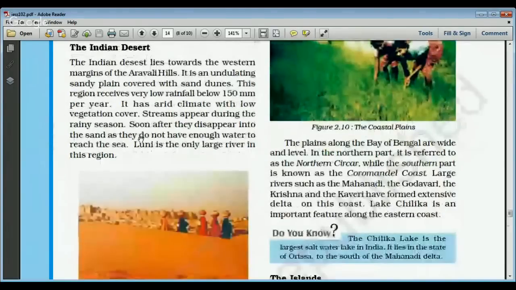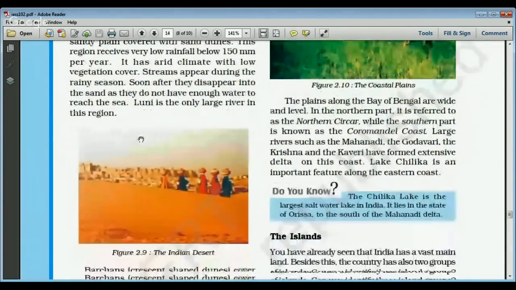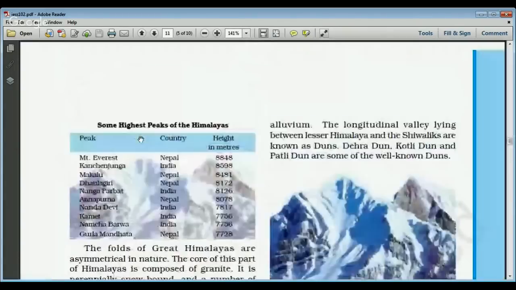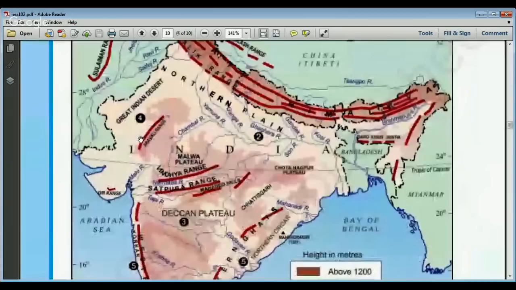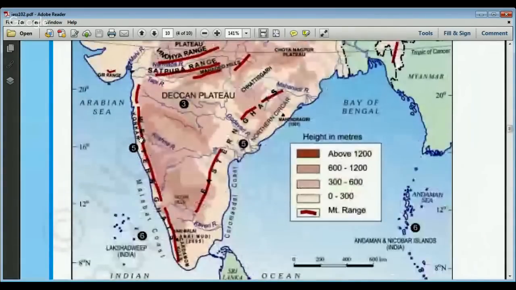And the plains along the Bay of Bengal are very wide and level. You can see in this map, these are the western coastal plains. They are very narrow and lie between the Western Ghats and the Arabian Sea. And on the east side, you can see these plains are very wide and dissected, and they are not continuous.